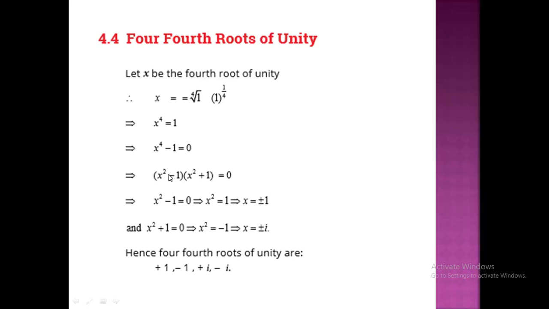So it is equal to x square minus 1 and x square plus 1. Both values are equal to 0. One gives plus minus 1 and the other gives, we move plus 1 to the other side, minus 1, and square root of both sides, plus minus iota. So the 4th roots of unity are 1, minus 1, iota and minus iota.